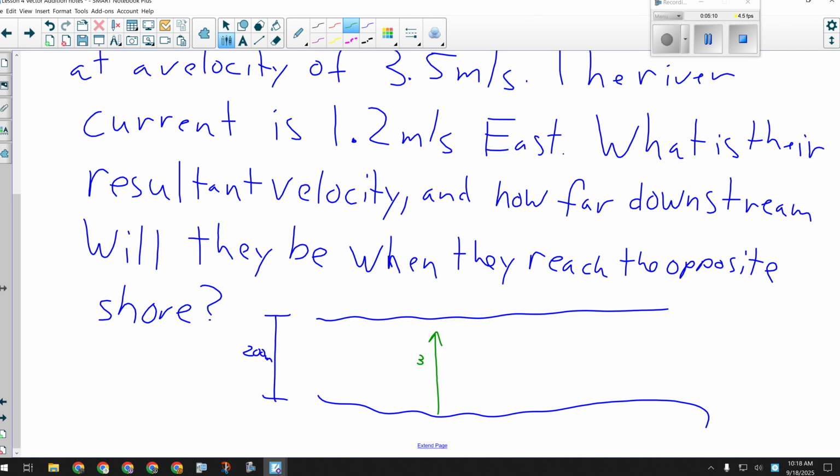I know this line here is 3.5 meters per second. But if you've ever been in a boat or swam in a river, you know that if I point myself that way, I don't go that way, because the river's current is going to push me this way. And it says that that is 1.2 meters per second to the east.